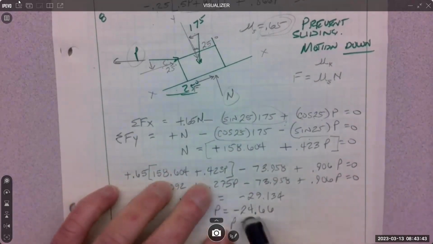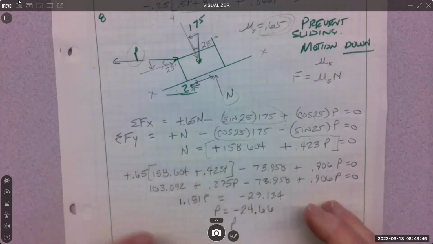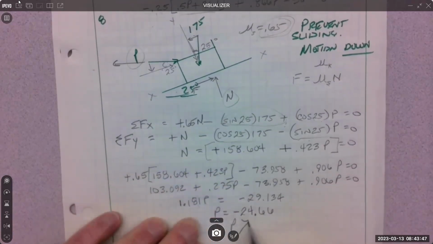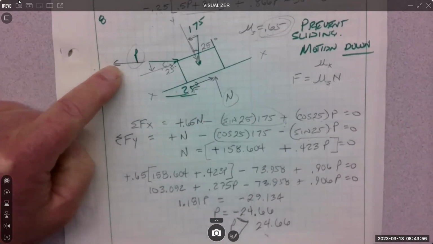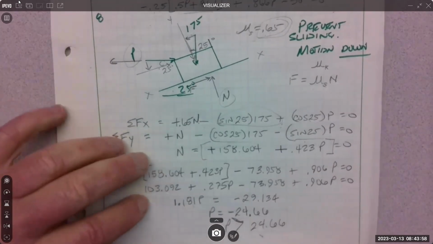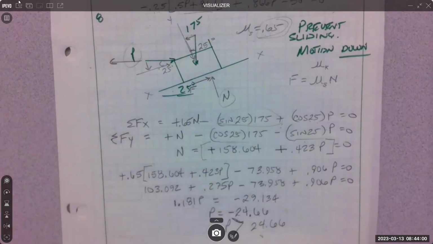Oh, not equals. P greater than 24.66, and I can make it positive now because I turned the arrow around on P. That's the same rule we had before: if you solve for a variable in a statics problem and it comes up negative, you have the direction wrong.